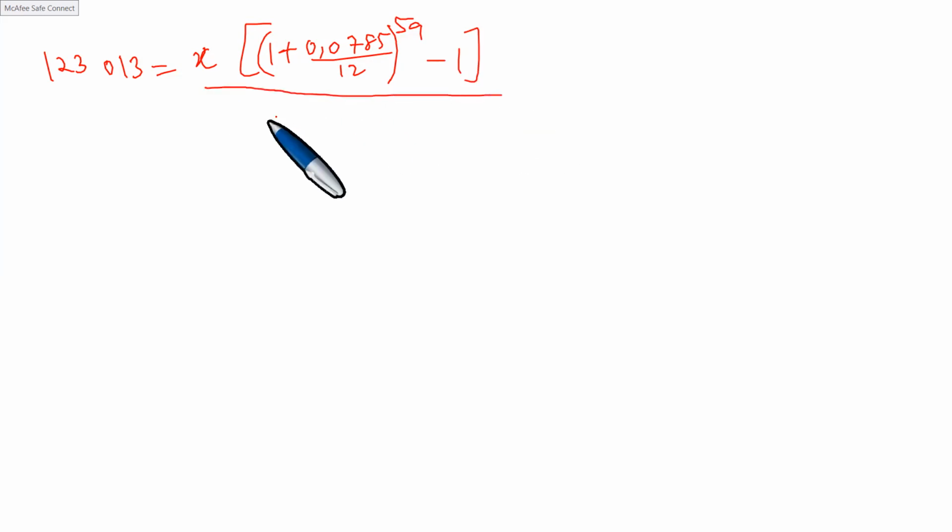You divide everything by 0,0785 divided by 12.